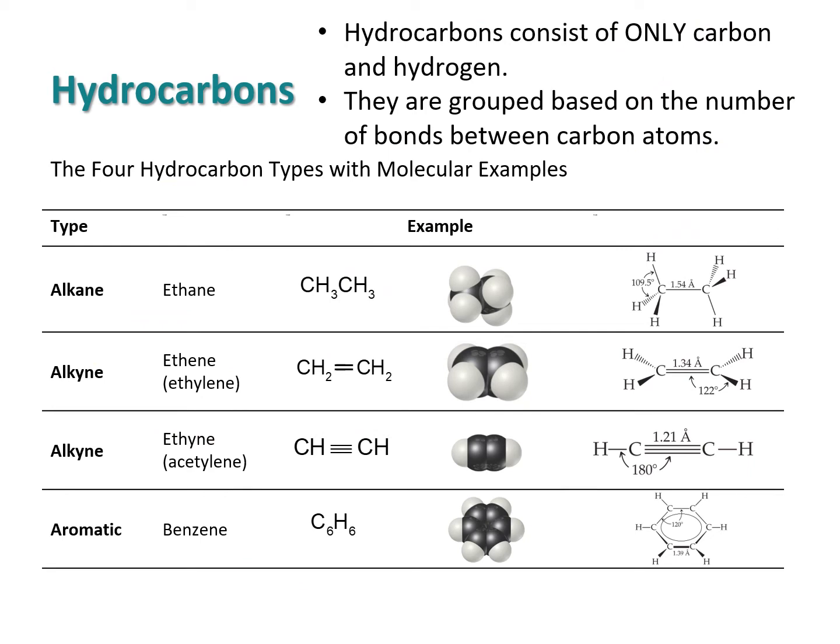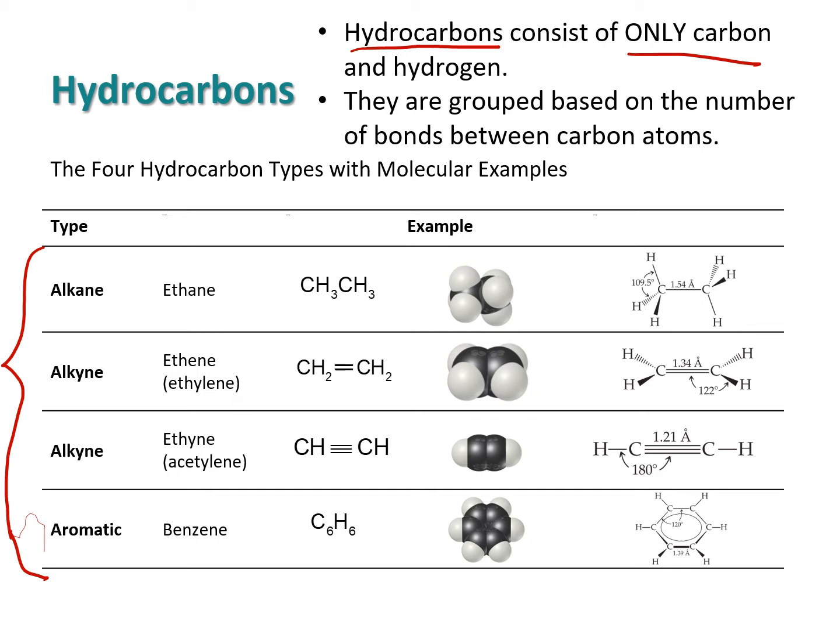So there are 4 types of hydrocarbons. Hydrocarbons, as you can guess from the name, consist of only carbon and hydrogen. They are grouped based on the number of bonds between carbon atoms, so it's grouped based off of the types of bonds.